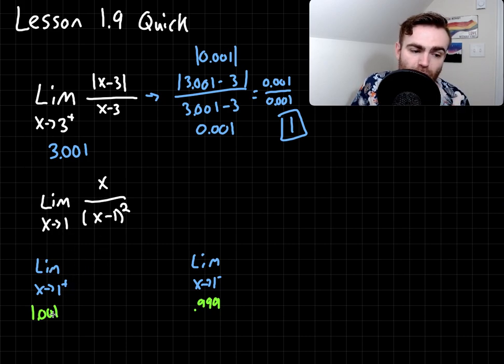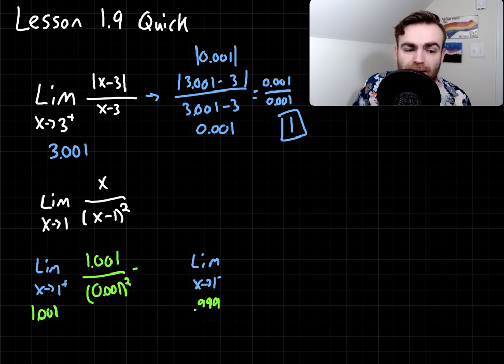So if I plug in the 1.001, I get 1.001 over 1.001 minus 1, which is 0.001 squared. Now, I don't really know what this is, but I can make an assumption. I'm taking a number, 1.001, its size is all right.